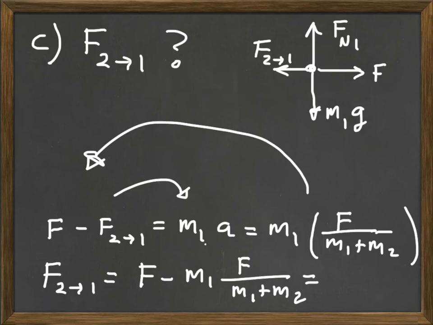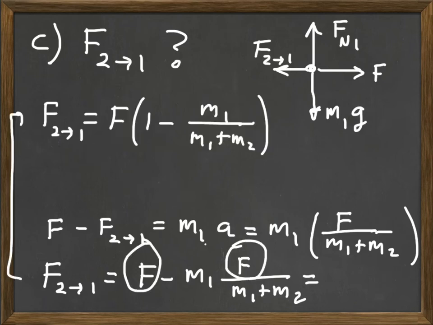There are a few more things that we can do to make this expression look a little nicer. We can, for example, factor out the F, since both terms have an F. So F2 on 1 is equal to F times (1 minus m1 divided by m1 plus m2).